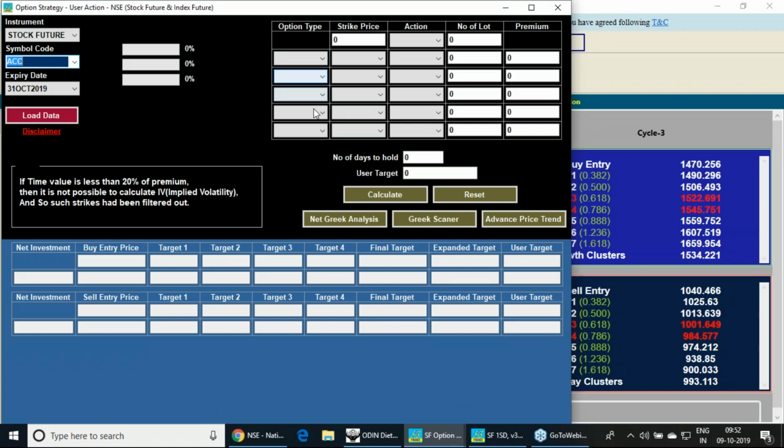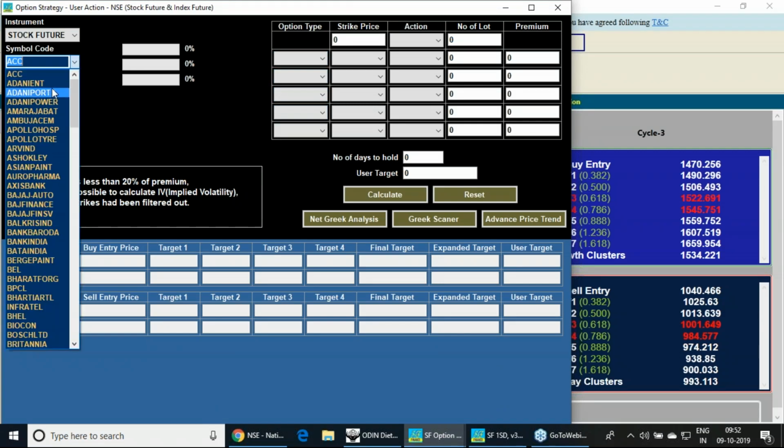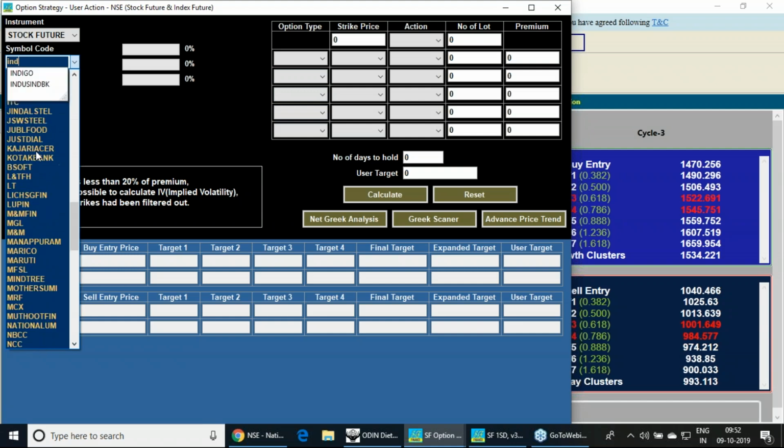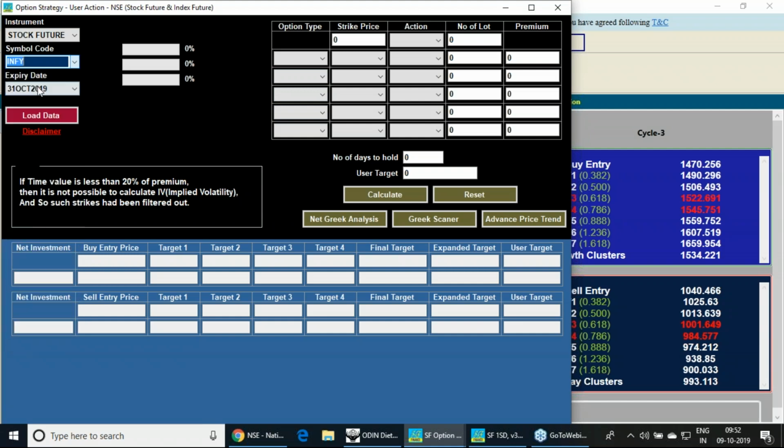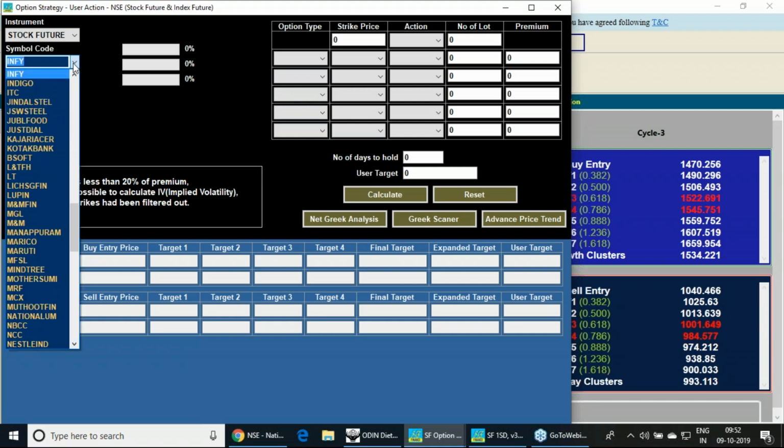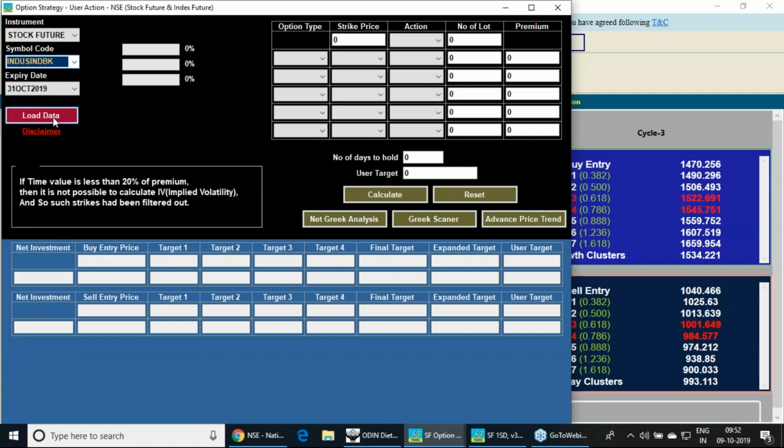So here Sanjay ji is telling that we can have IndusInd Bank, 31st October. So Sanjay ji is telling we can go for a 2/1 ratio call spread and put spread.